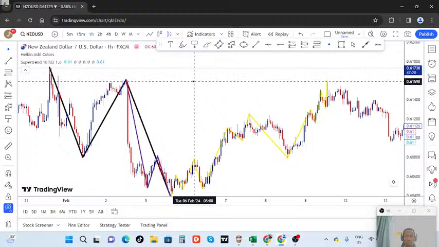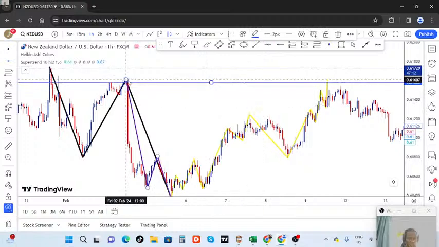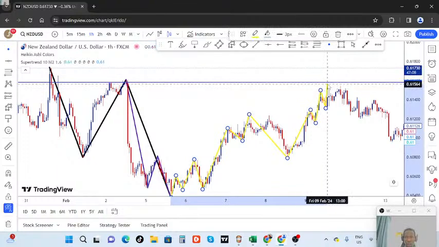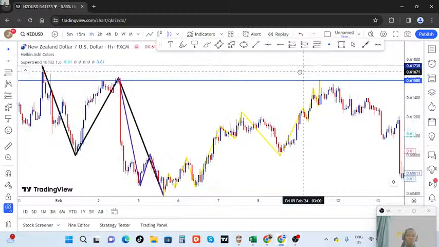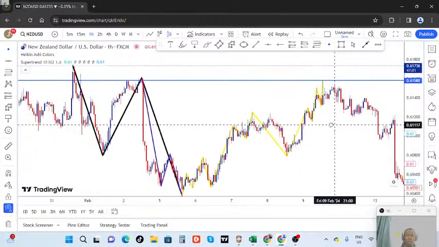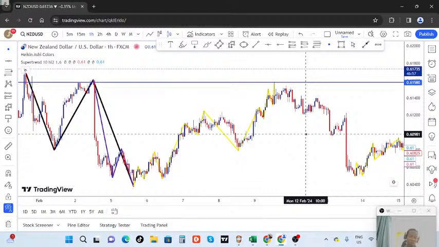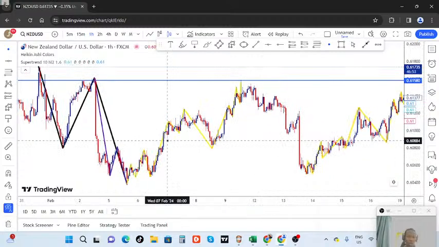If we look at it very well, we're going to see that it did not. As you can see, this is a high, and it's higher than this high right here, which simply puts this market structure, in my own humble opinion, back in time still down. And it's still down in my own opinion.